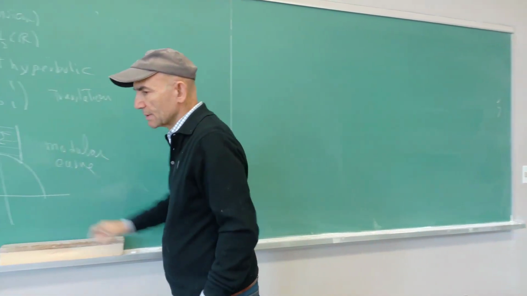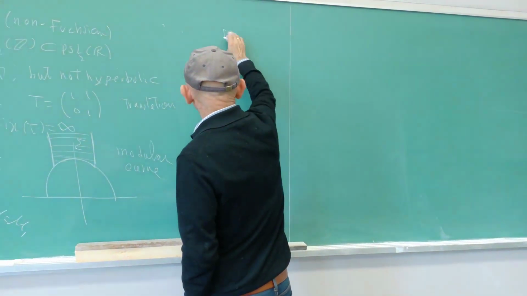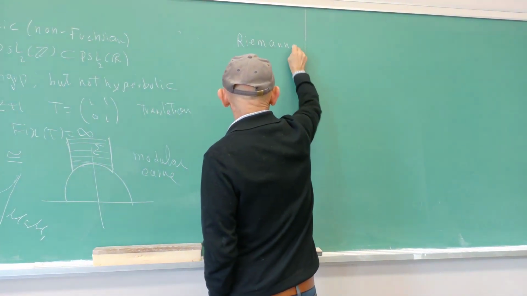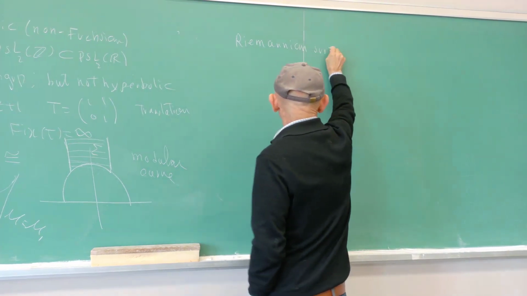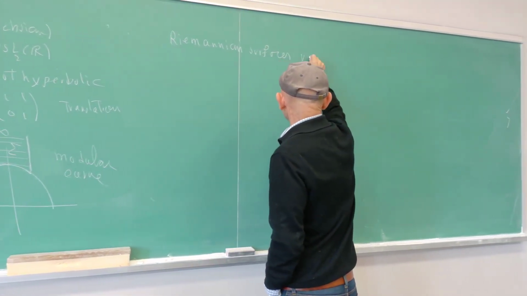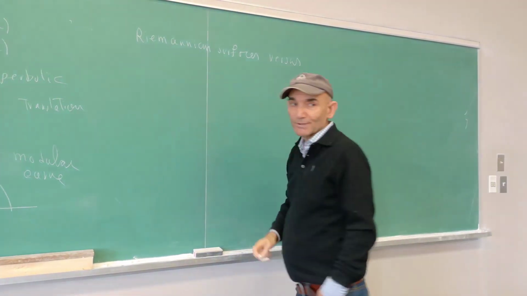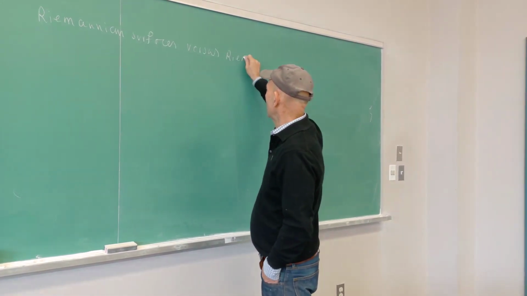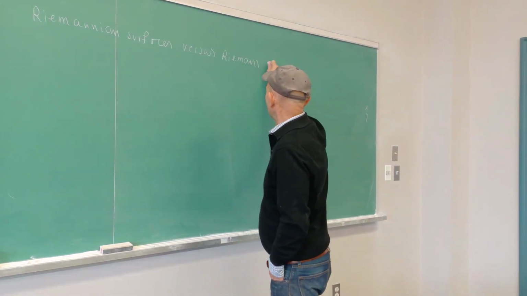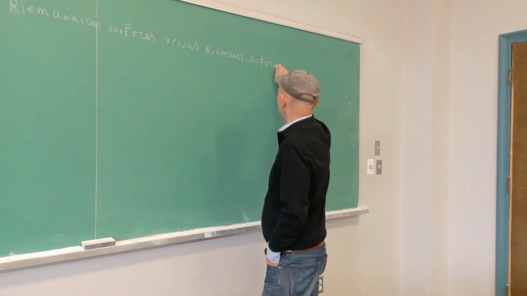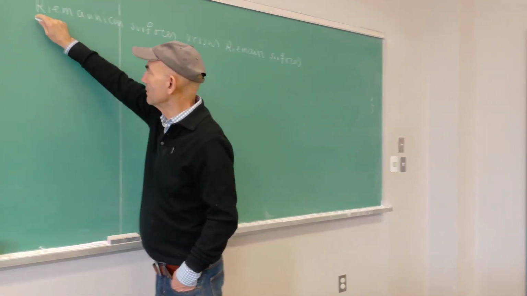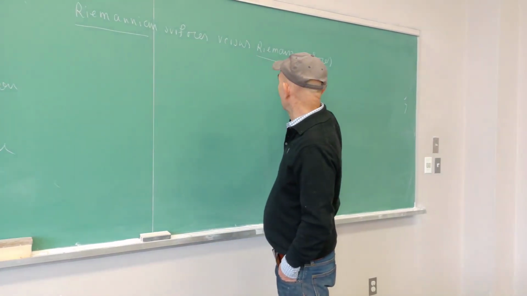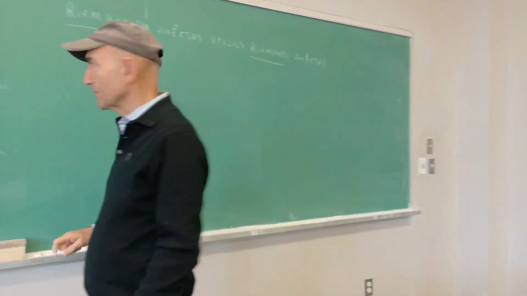So, Riemannian surfaces versus Riemann surfaces. So here is a Riemannian surface, right? I mean, this is a Riemann surface. There are different things. So let me give you the definition.